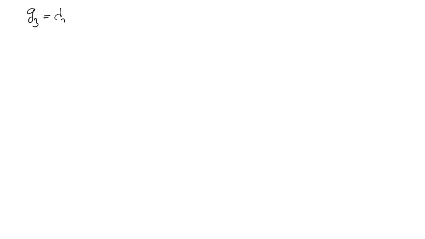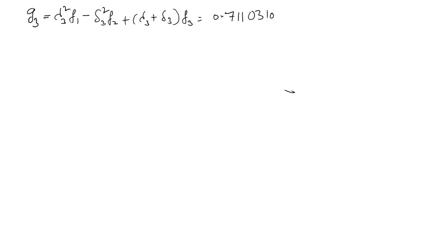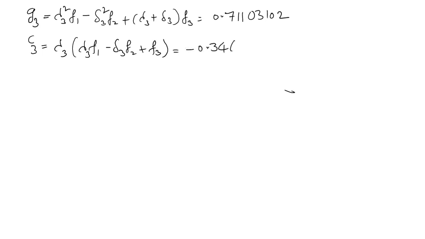Then c3 and g3. g3 is equal to lambda 3 square f1 minus delta 3 square f2 plus lambda 3 plus delta 3 of f3. Substituting every value, the result is 0.71103102. And c3 value, formula lambda 3 into lambda 3 f1 minus delta 3 f2 plus f3, and value is minus 0.34662184.